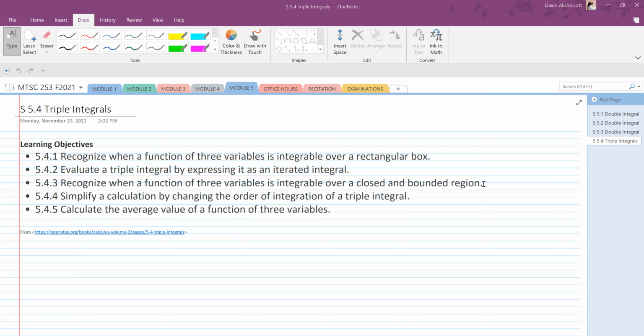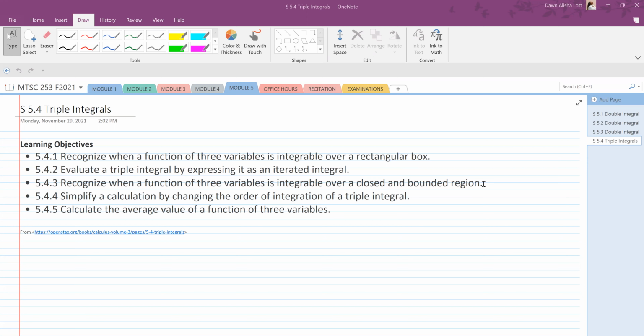All righty. The thing about triple integrals is they're not much different than double integrals for volume.